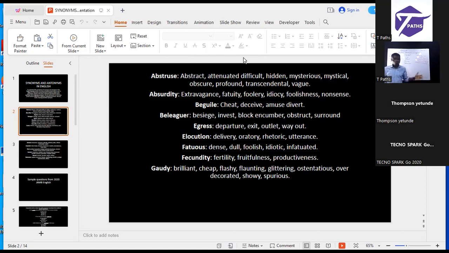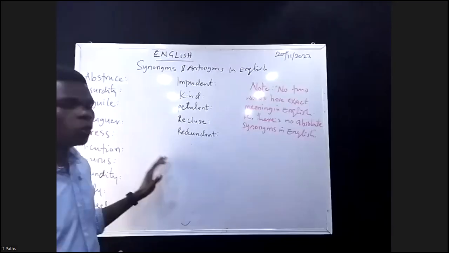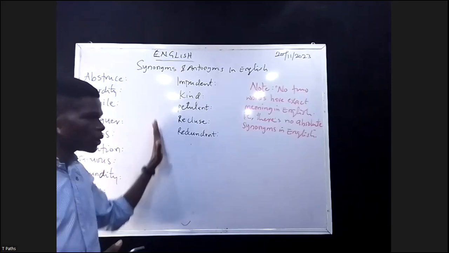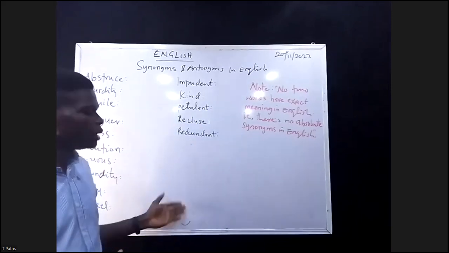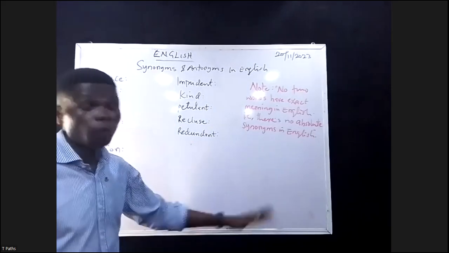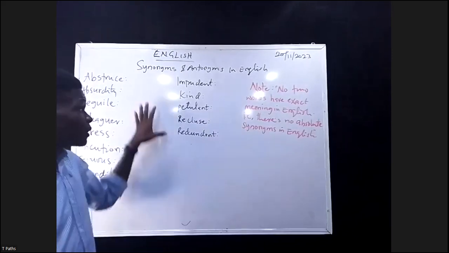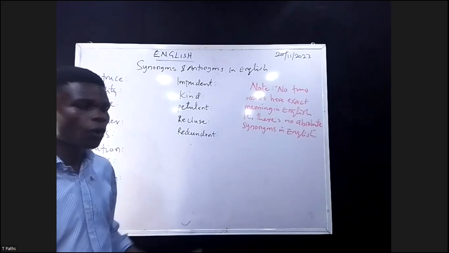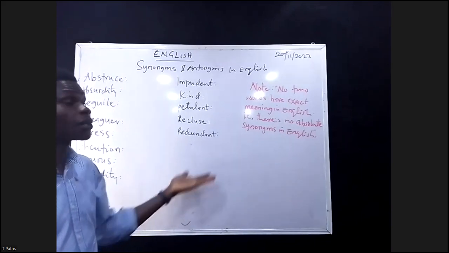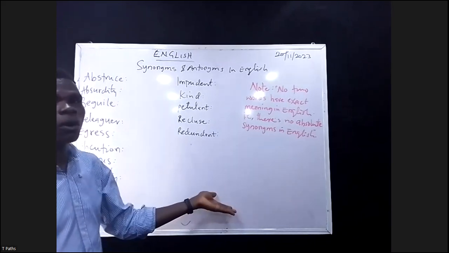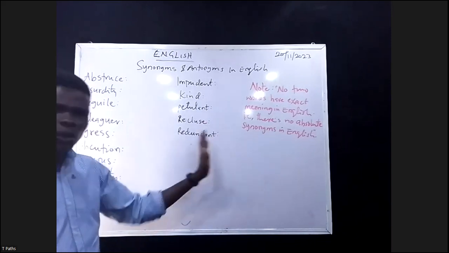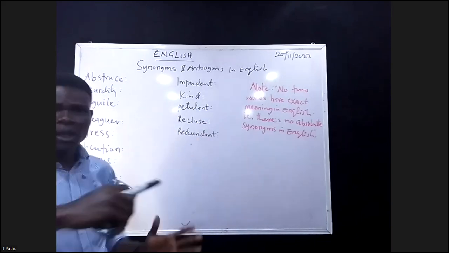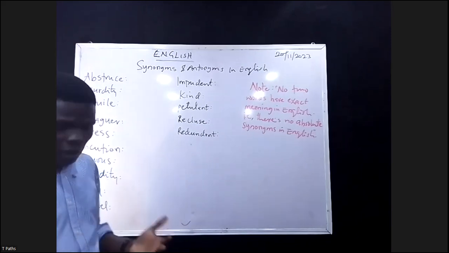An examiner may use those words and say, complete the following expressions with the proper word, and options are given. Of course, we are going to try it today. After I finish treating this, we are going to answer a couple of questions from JAMB 2020 past questions, so you see how some of these words come into play in expressions.